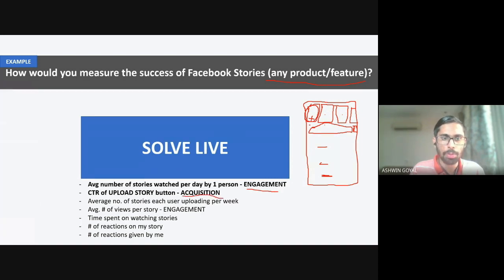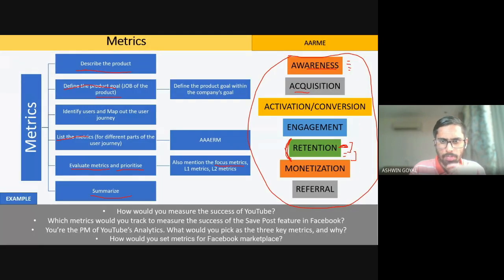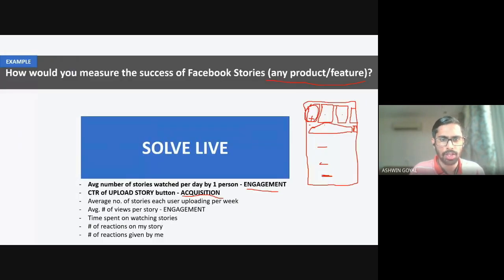How many people are getting acquired, right? How many people are starting to use this feature? This can be acquisition. So this is actually activation, not acquisition. This is activation. Acquisition would not be defined here, I think.